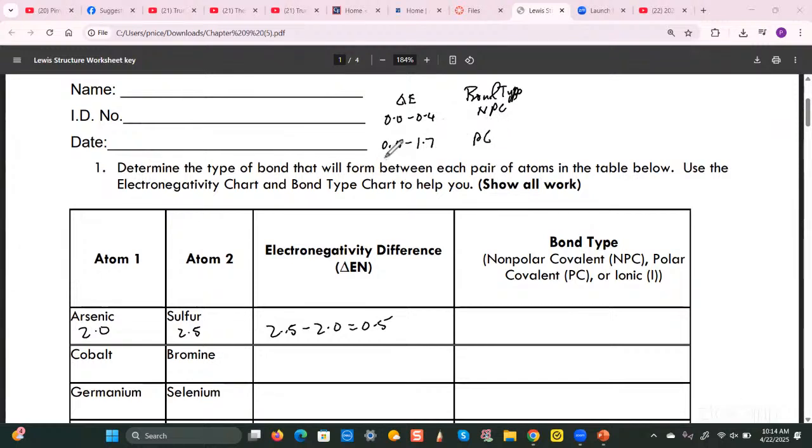If the difference is 1.8 or higher, then the bond is ionic. So 0.5 is within the polar covalent range, so you put PC there. That's what I want you to do for the rest of them. I'll give you a couple of minutes to work them out, which you should be able to do because it's pretty simple.